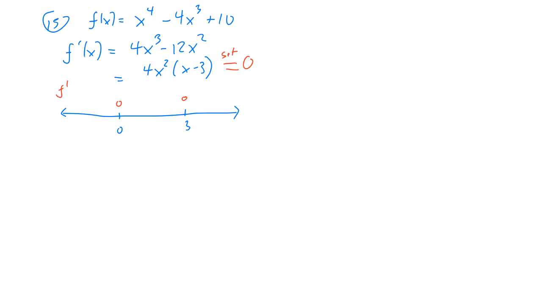And now let's test intervals. So I need to pick a point in each of these 3 intervals and then plug it into the derivative. So maybe over here I can pick -1. And here I can pick 1. And over here maybe x equals 4. So if I take f prime of -1, I get 4 times 1 times negative 4.